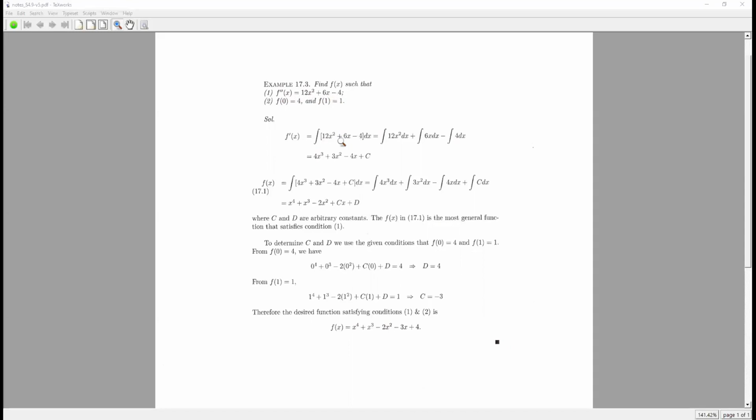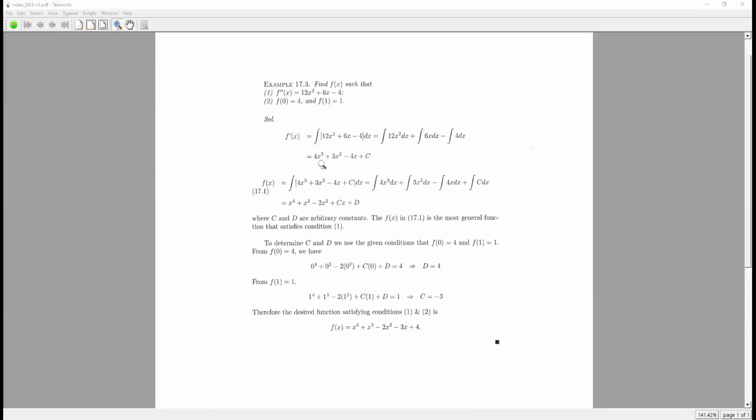Now, by the summation and subtraction formulas, I can split this integral into 3 smaller integrals. It's easy to find the antiderivative for each of these 3 integrals. 12x squared, antiderivative is 4x to the third. It's easy to verify this.